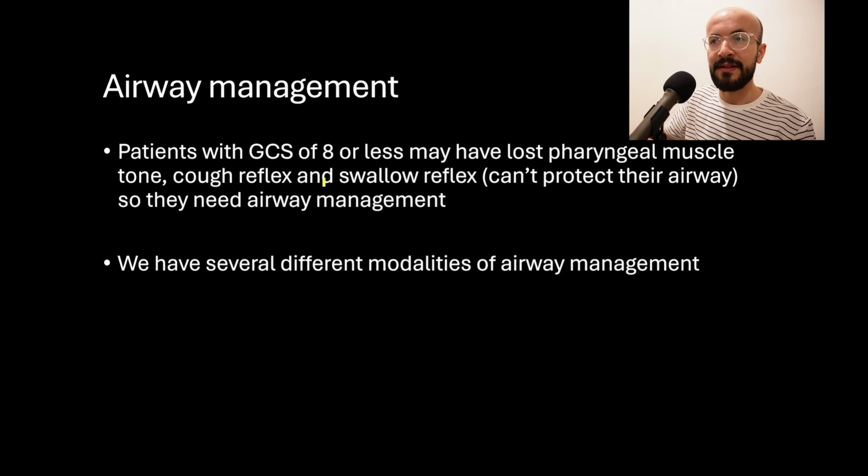And we learned that patients with a Glasgow Coma Scale of 8 or less may have lost the pharyngeal muscle tone, and they may also have lost the cough reflex and the swallow reflex. This means that these patients can't protect their airway, so they need airway management. And we have several different modalities of airway management.